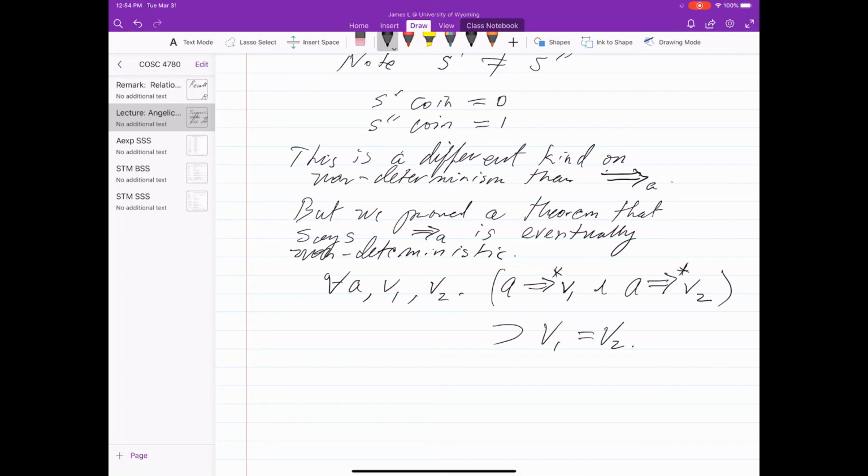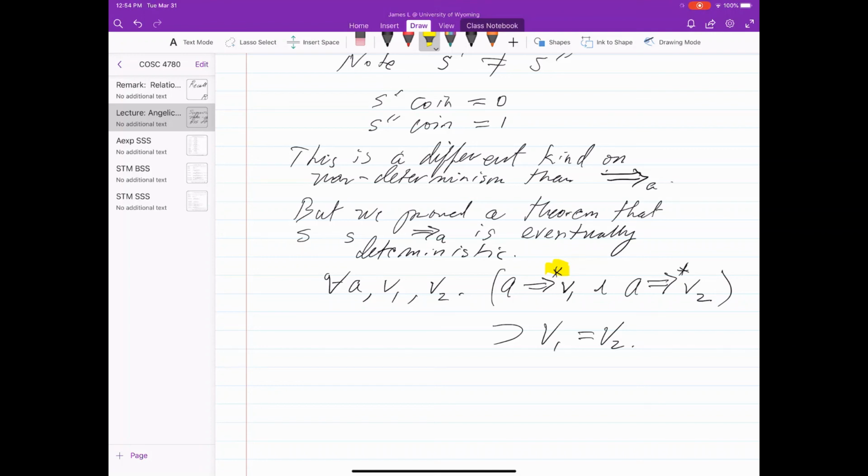And so that was our eventually deterministic. Remember that the star operator here is saying 0 or more steps you get to a value.